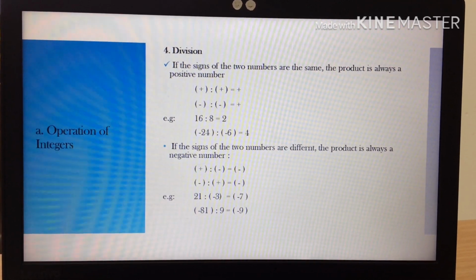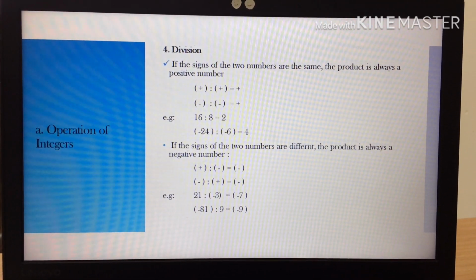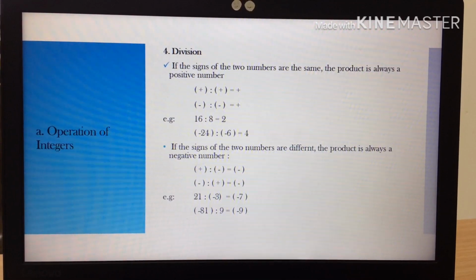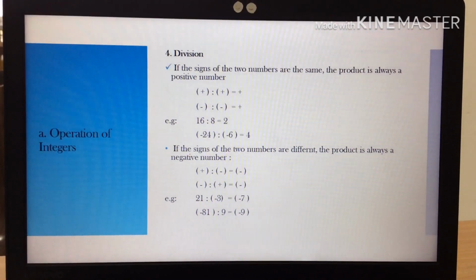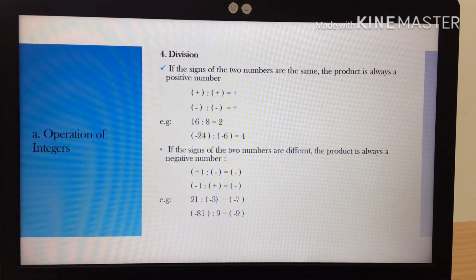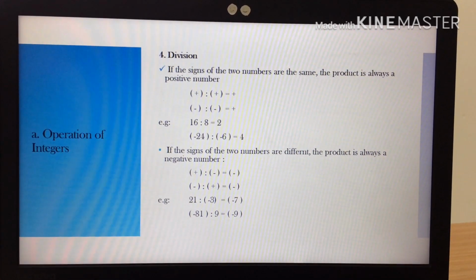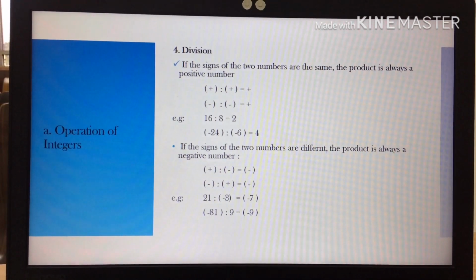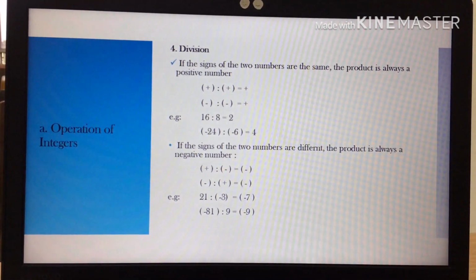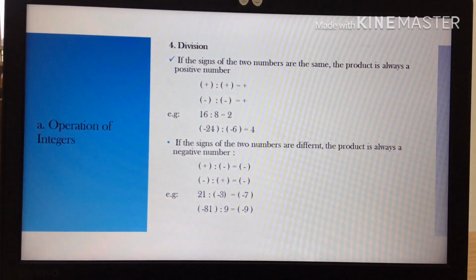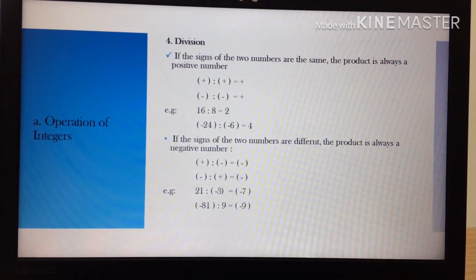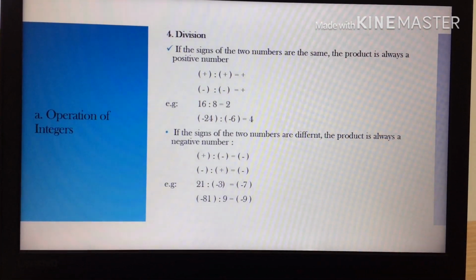And the second, negative divided by negative equal positive. For example, the first example, 16 divided by 8 equal 2. And the second example, negative 24 divided by negative 6 equal 4.